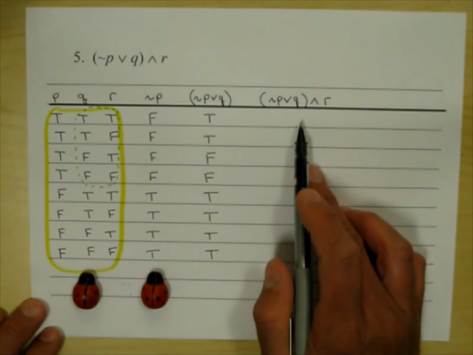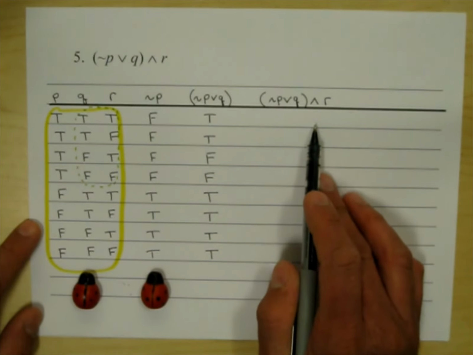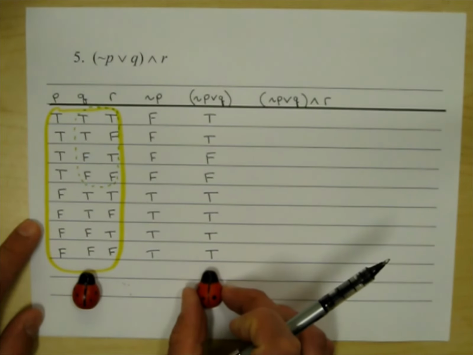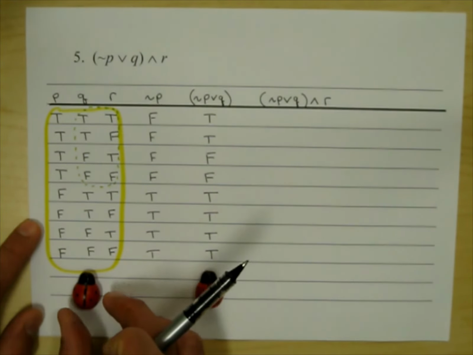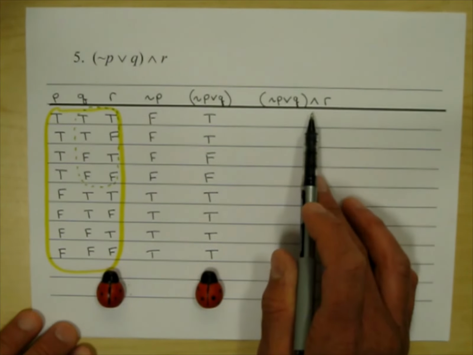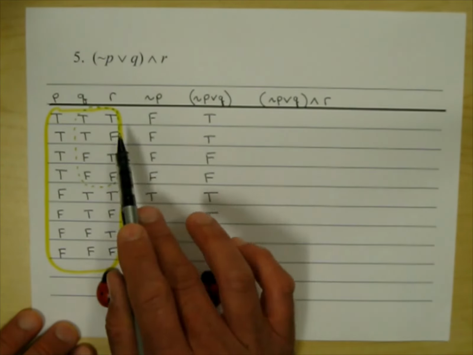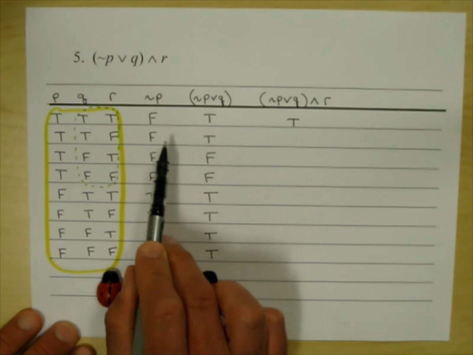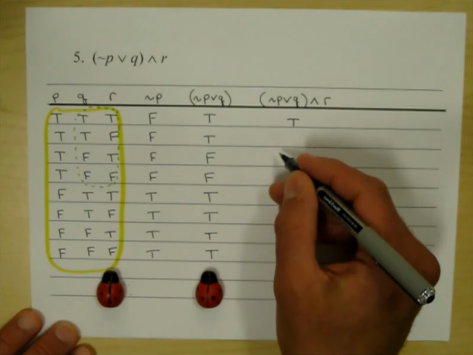Okay, now our last column, our final column, would be this guy right here, which is not P or Q, that's this one right here, and it together with the R. So let's do this one. So this is an and. True and true is true. True and false is false.